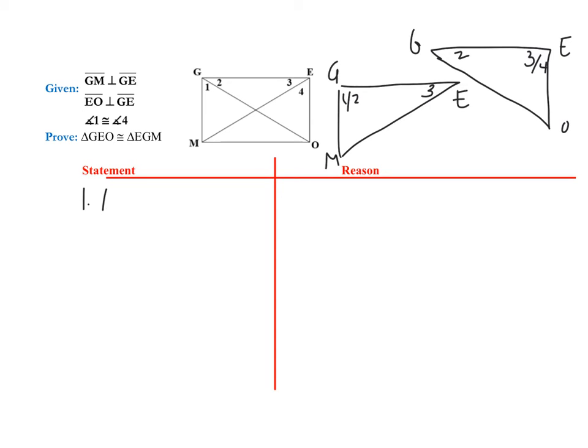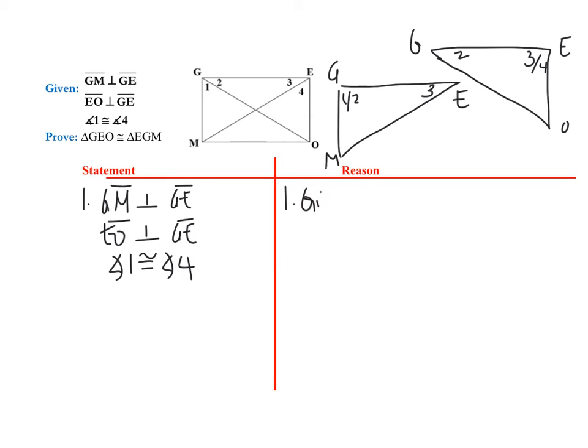So let's start off with my given. GM is perpendicular to GE. EO is perpendicular to GE, and angle 1 is congruent to angle 4. Okay, so we need to, all right, let's dissect the given.